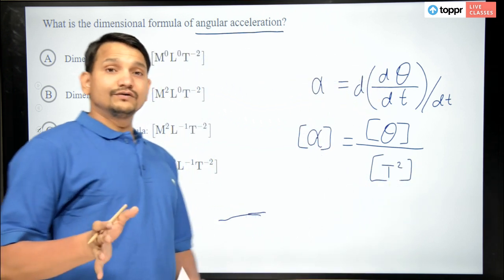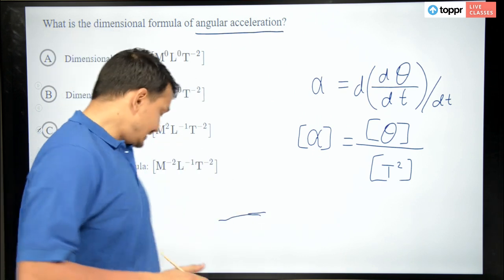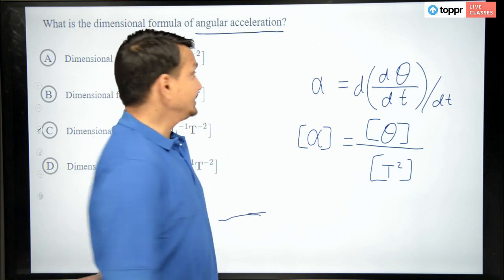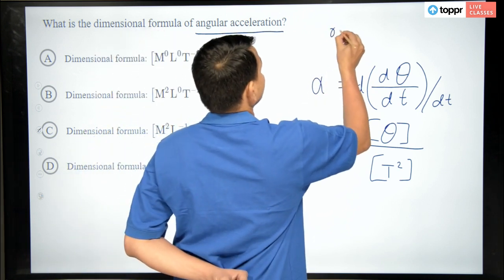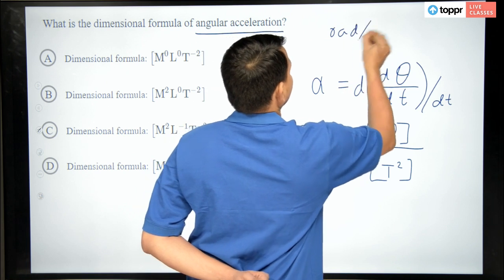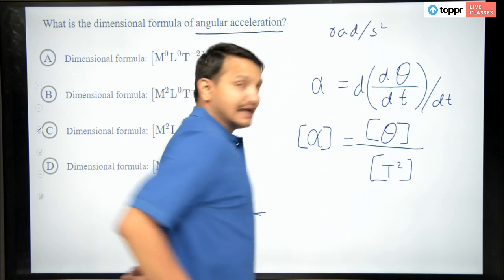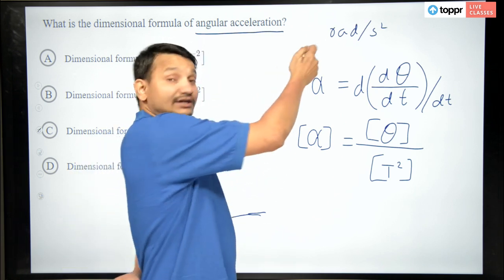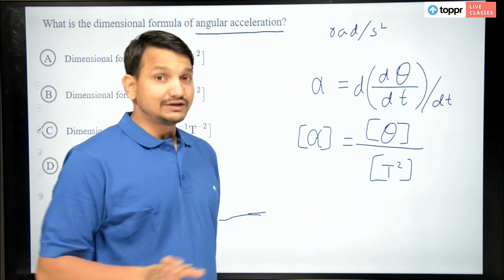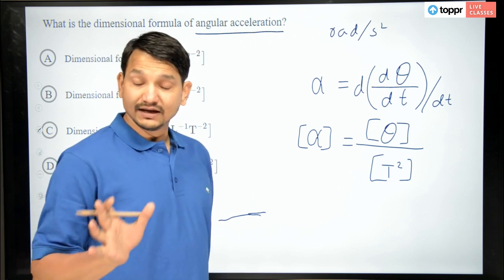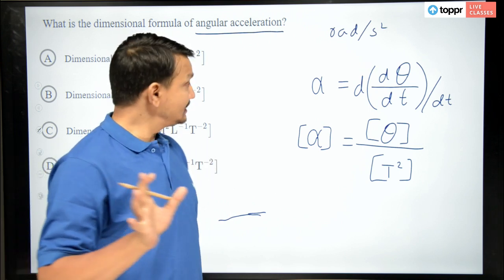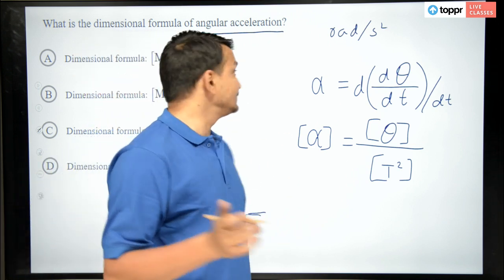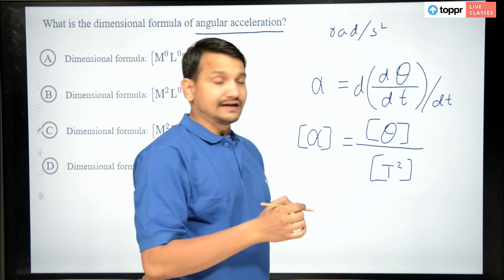You can obviously go using a unit as well. If you know the unit of angular acceleration is radian per second square, and you know that radian is a unit of angles, and angles do not have a dimensional formula.